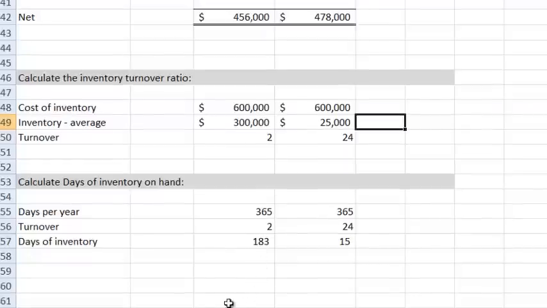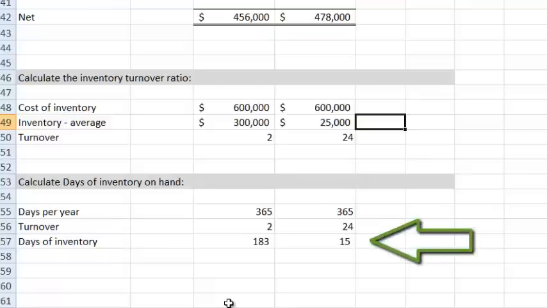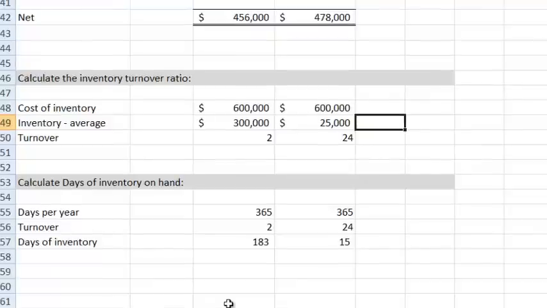We have here days of inventory 183 and 15, and that actually does make more intuitive sense on average during the year. Store 1 has 183 days of inventory on hand, and on average store 2 has 15 days of inventory on hand.